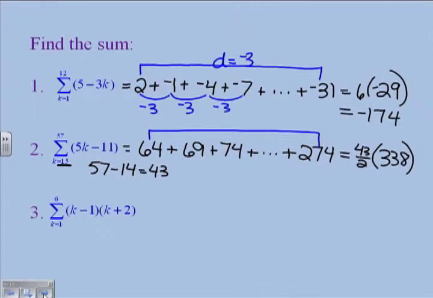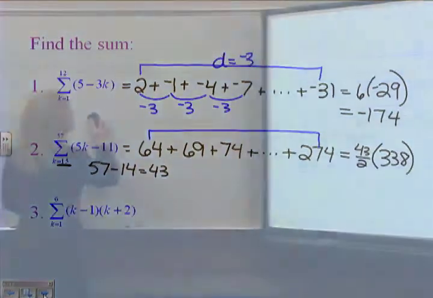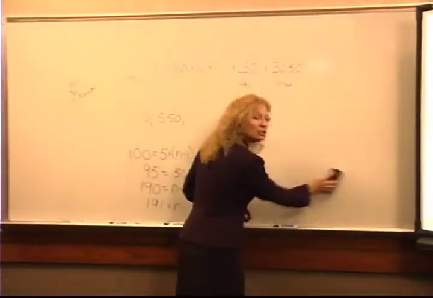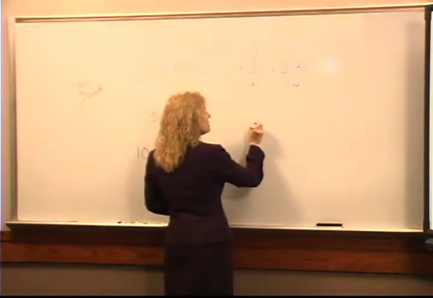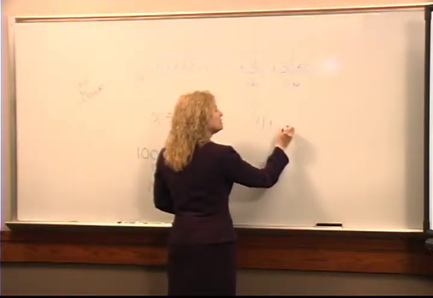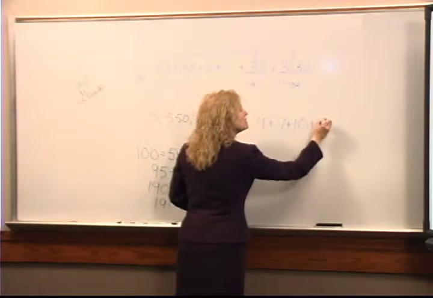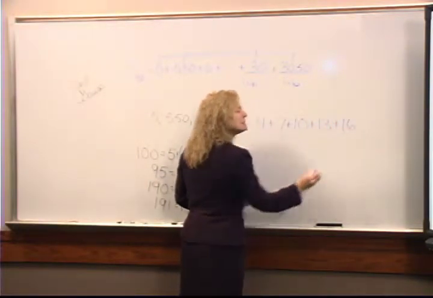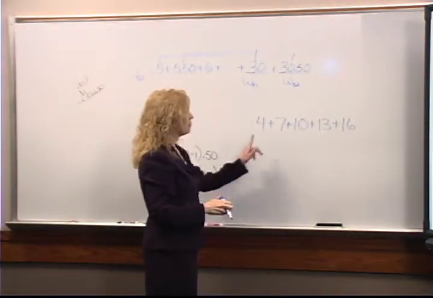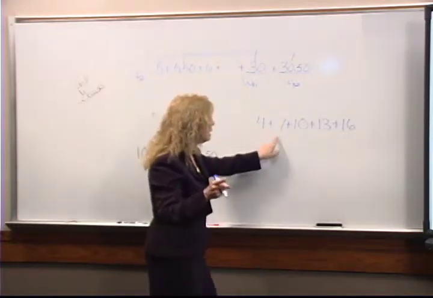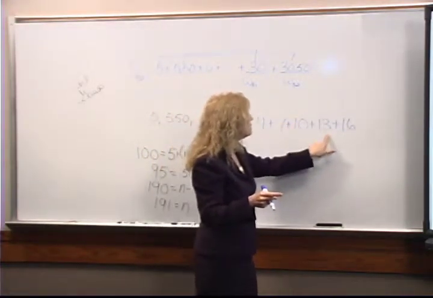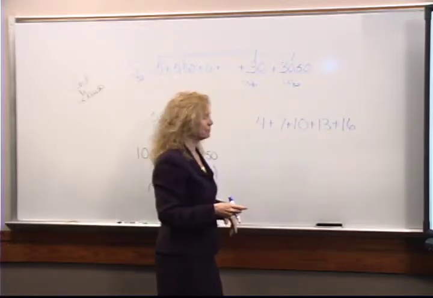How does that work? Well, look at what's really interesting about our arithmetic sequences. If I have, let's say, 4 plus 7 plus 10 plus 13 plus 16. Now, do you notice this is arithmetic? I add 3, I add 3, I add 3, I add 3.